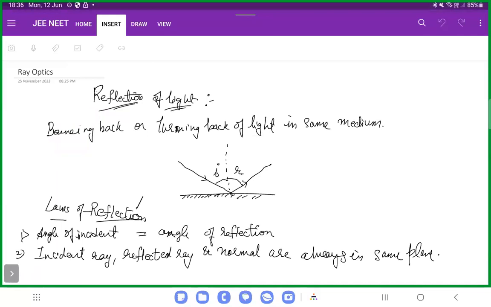I'm thinking to start ray optics today. Okay, let's see.